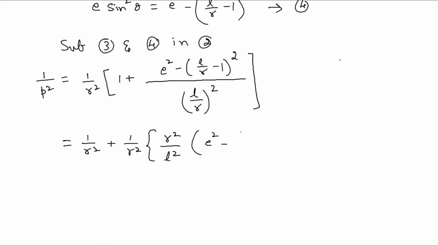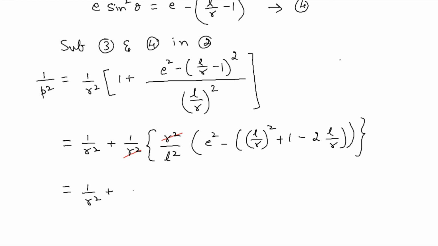You can expand this: A square plus B square will be (L/R) whole square, plus 1, minus 2 times AB, which is 2 times L by R. Further, if you simplify this, the R square will cancel out. That will be equal to 1 by R square plus, we are left with 1 by L square.